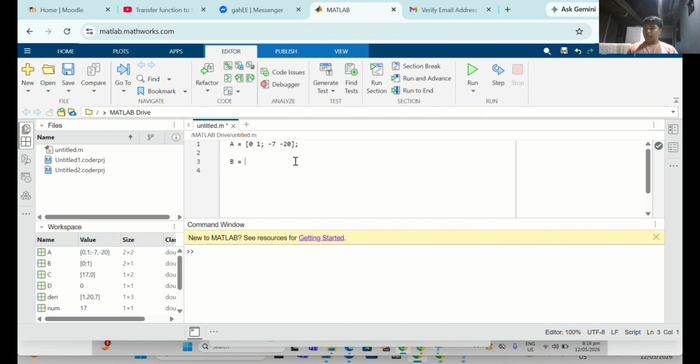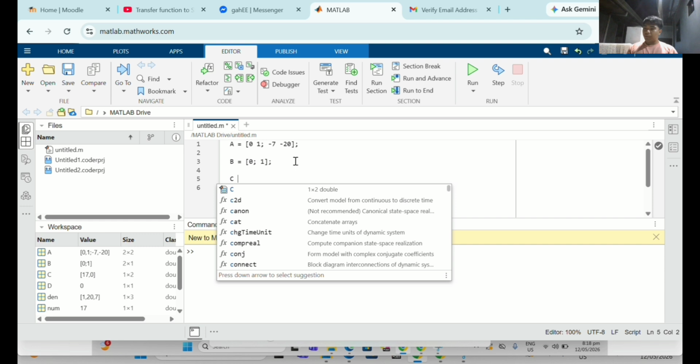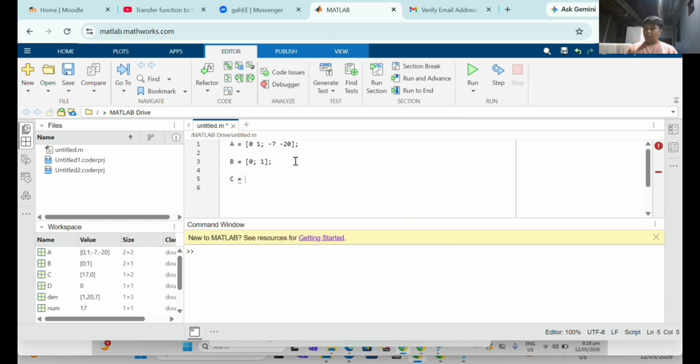B is equal to [0; 1], don't forget the semicolon. C is equal to [17, 0] semicolon. D is equal to 0.